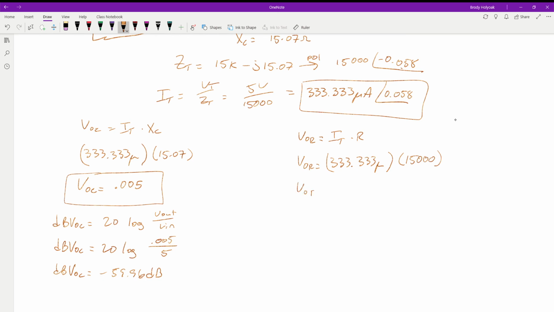So our voltage drop is equal to essentially 5 volts. The decibels for this one, and I can tell you right now it's going to be 0, but I'll show you the math. So 20 log of 5 over 5, V out over V in.